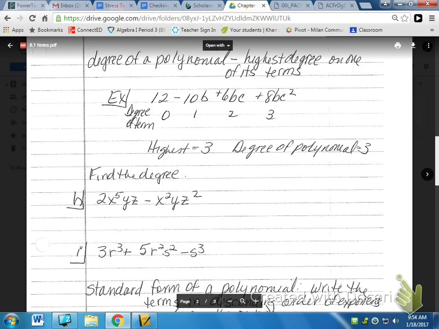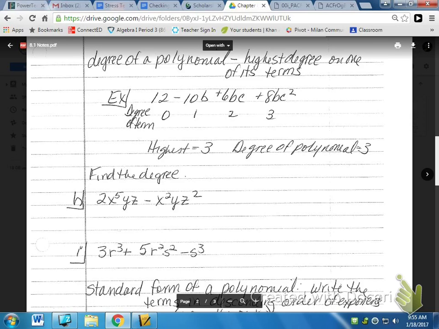The example listed there is this polynomial: 12 minus 10b plus 6bc plus 8bc squared. Below each one of those terms, I wrote its degree. So 12 has a degree of 0. 10b, degree of 1. 6bc has a degree of 2.